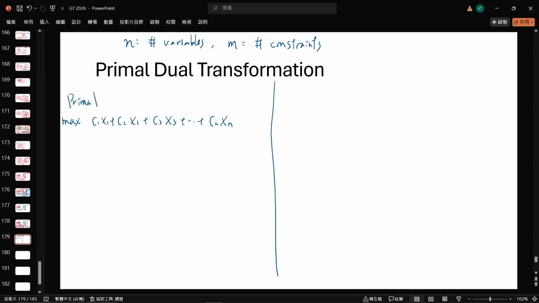So this is our objective function. It's just a weighted combination of the variables. These c1, c2 are constants, not variables.